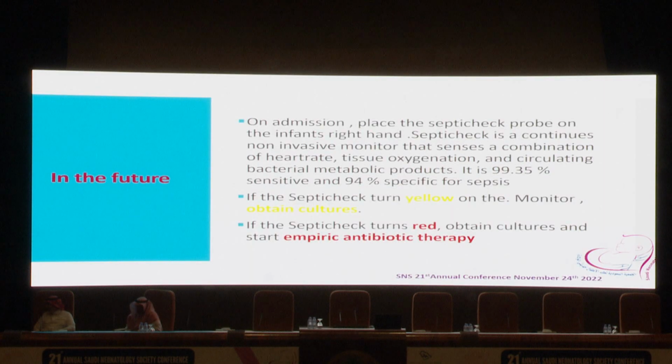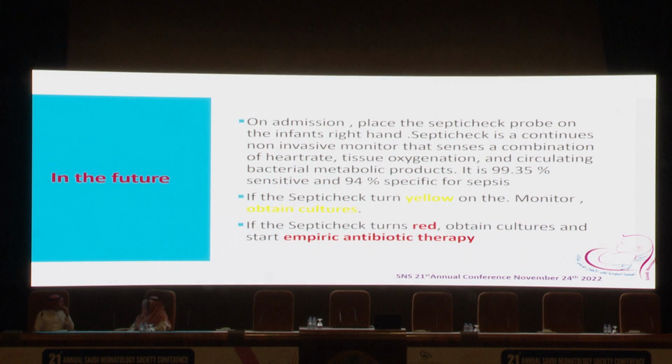The last one, septic shock, maybe somebody has heard about it; I read about it, maybe in the future we will find it. They said this is a sensor that you put on the hand of the infant. If it turns yellow, monitor the patient and obtain the culture, and if it turns red, start empirical antibiotics.